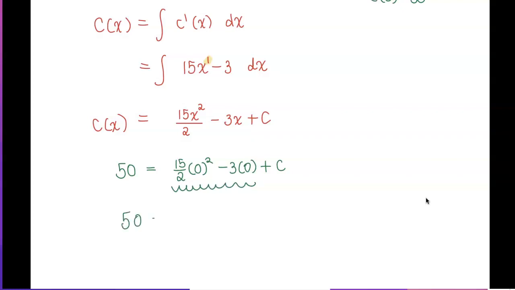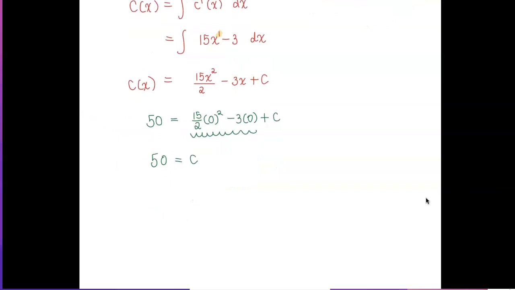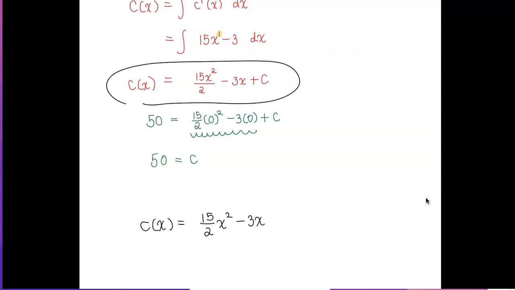C is equal to 50. So here's my final answer. Let's write the final answer. C of x is equal to 15 over 2 x squared minus 3x. See, that's what I'm writing. But now we know that C is equal to positive 50. So plus 50.